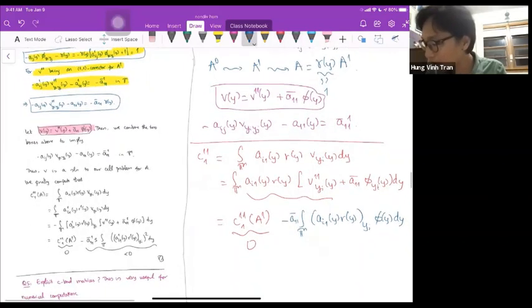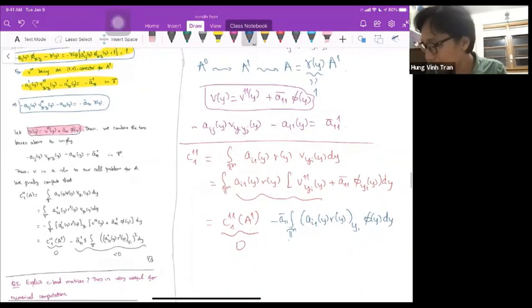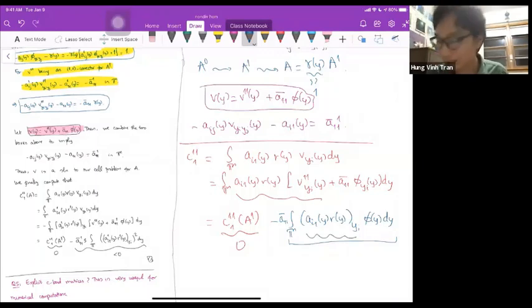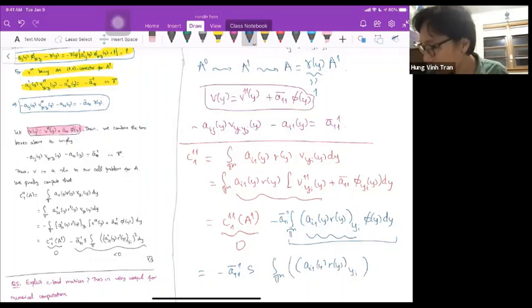And if you recall, what is this term, right? This thing is nothing but, remember that we chose phi to be exactly that term. So I would have this as minus A11 times the integral in the torus of exactly (a_i1(y) r(y))_{y_i} all squared dy.